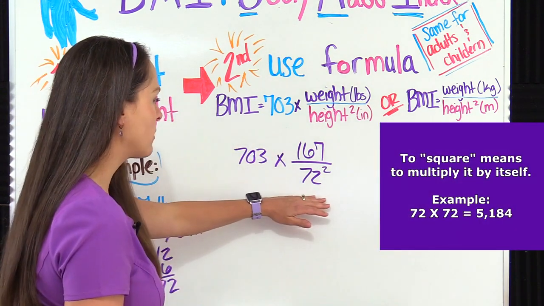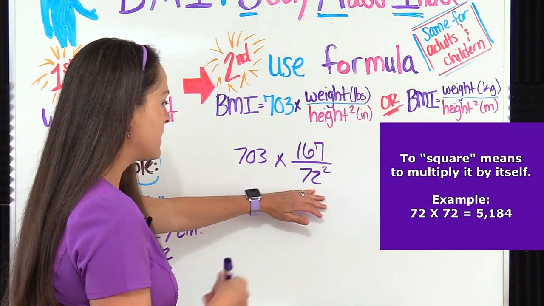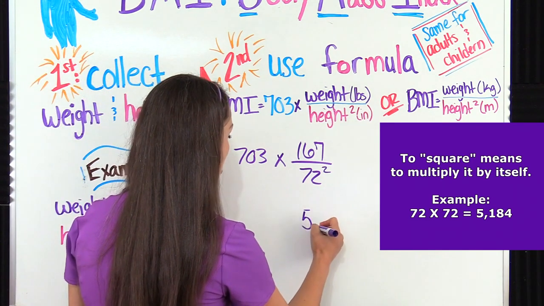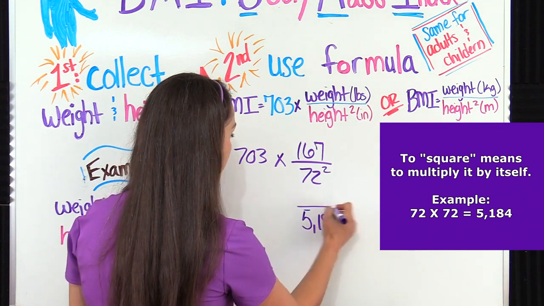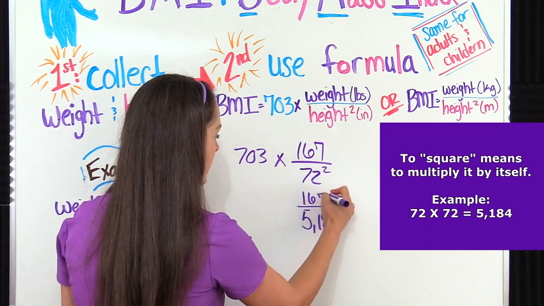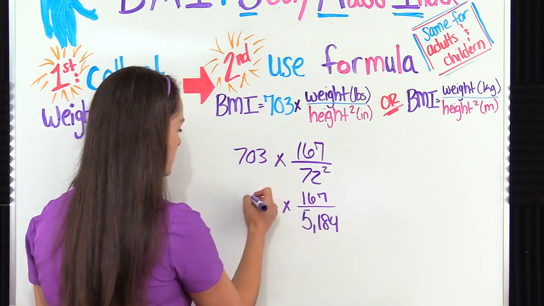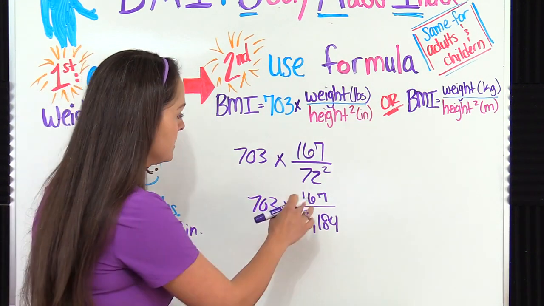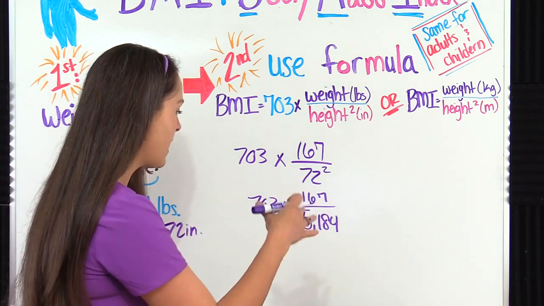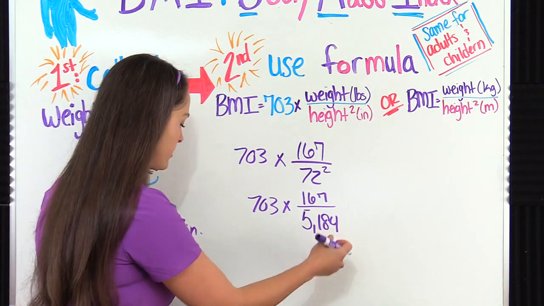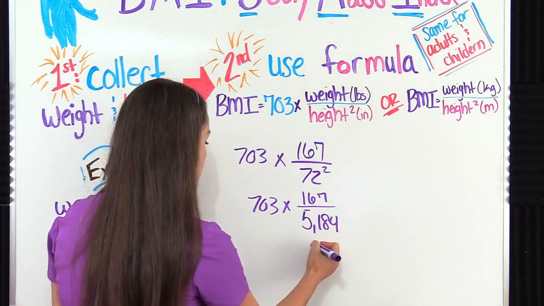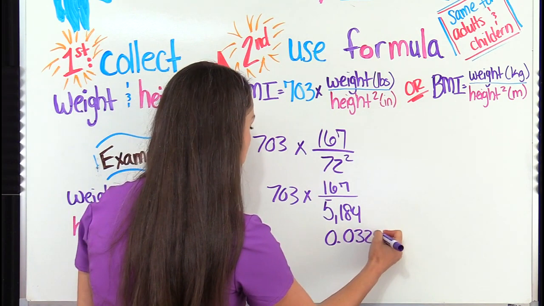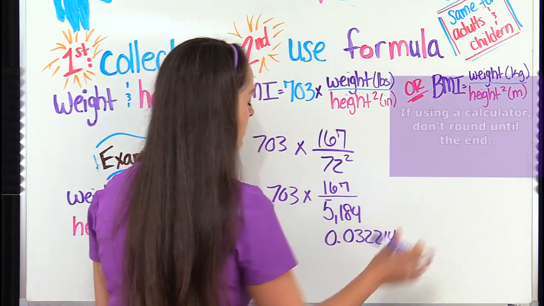So let's go ahead and square this out. When we say 72 squared, that gives us 5,184. We're going to put 167 up there, bring that down so we don't forget our little 703 because that would really throw off our equation. So 167 divided by 5,184, that gives us 0.032214, and it literally keeps going on.